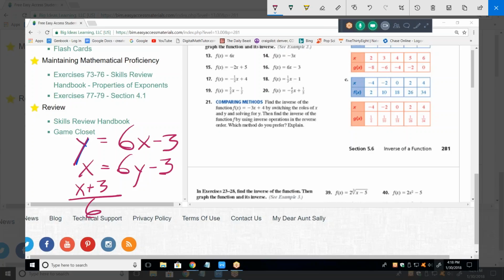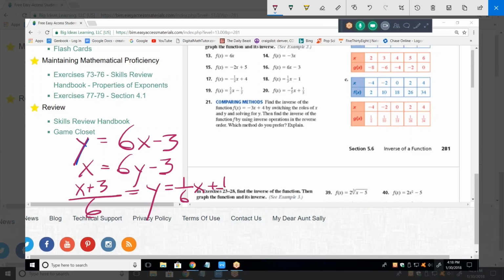And again, notice that this comes out in a similar kind of form. That's not in y equal mx plus b. So let's change it while we're looking at it. How should I write this? Instead of x plus 3 over 6, if I want to put it in mx plus b format, what is it? Y equals 1/6 x plus 1/2.